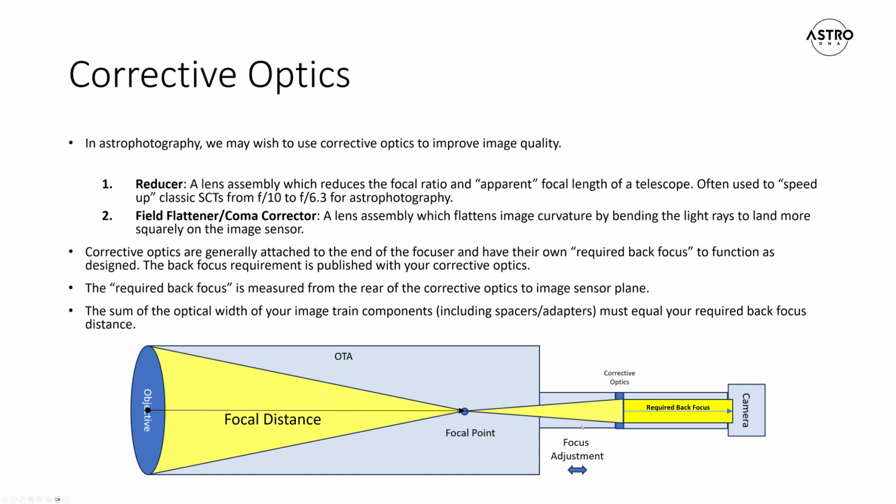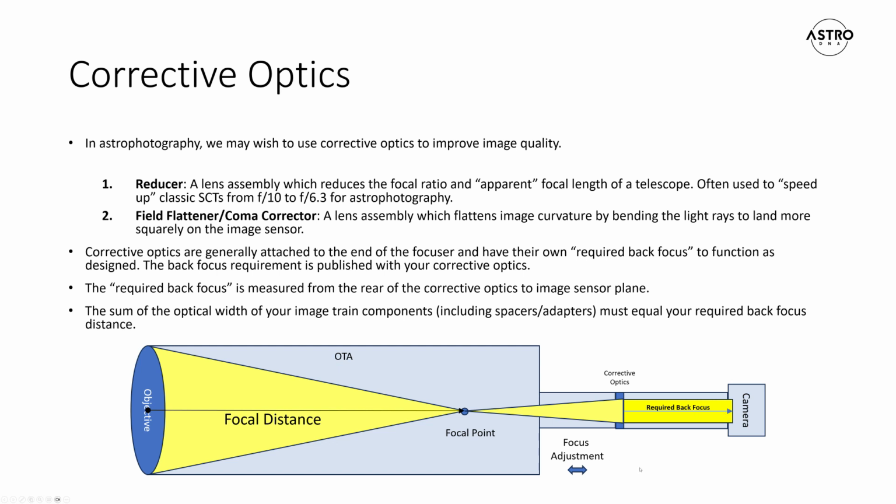Notice that your focuser continues to behave as it normally would for your camera. That is simply focusing the image plane onto your corrective optics. But this is post-corrective optics. This is a fixed required back focus that you must achieve.